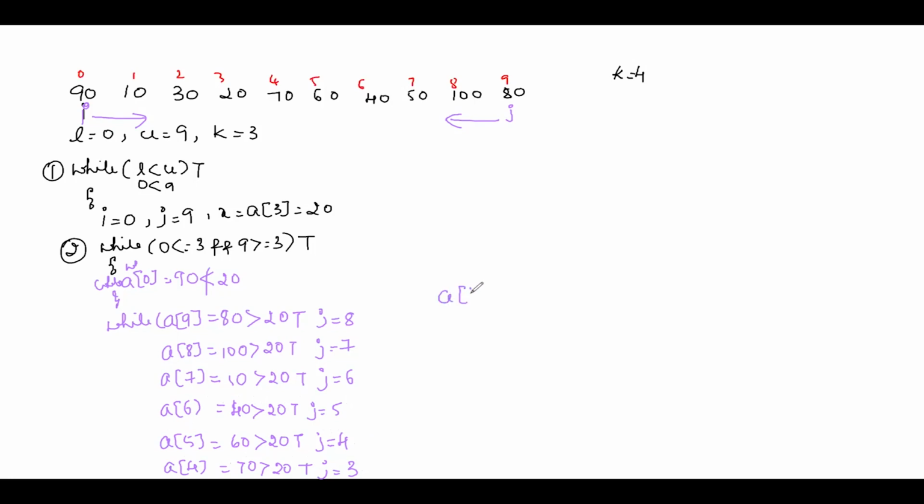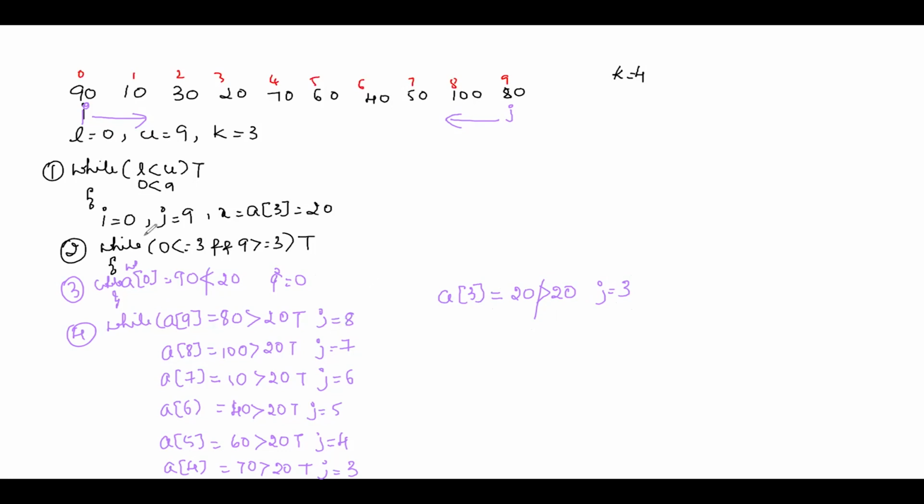Now, a of 3 is 20, which should be greater than 20, but it is not. Hence, it fails. Remember, we have stopped at i equal to 0 and j equal to 3. So what is the next step? This is my third while loop, and this is my fourth while loop.